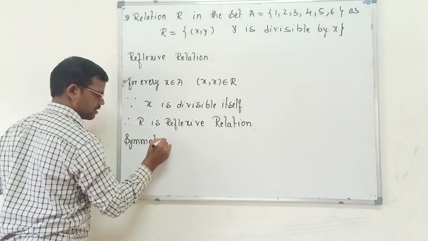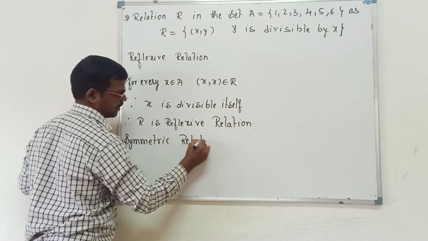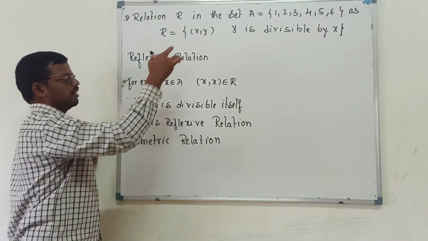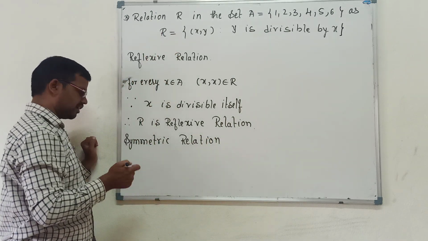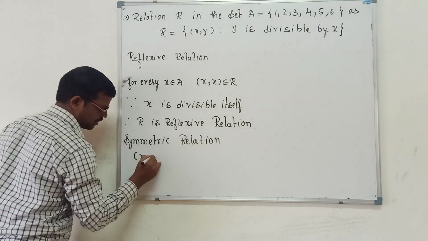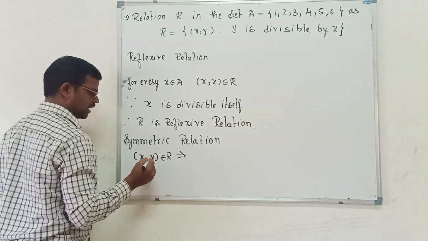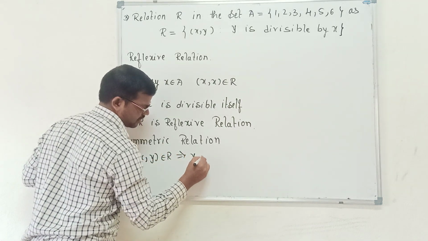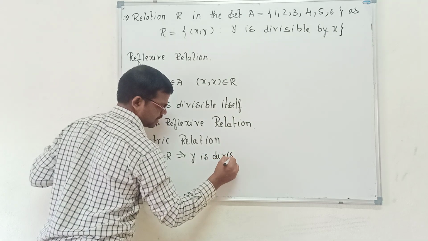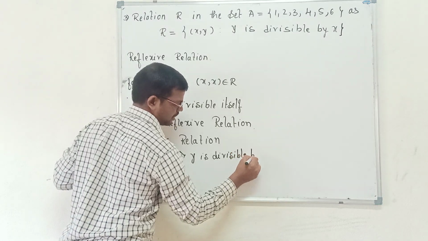Symmetric relation. For a symmetric relation, we need one pair in the relation R. For that we consider (x, y) belongs to R. It implies that y is divisible by x.